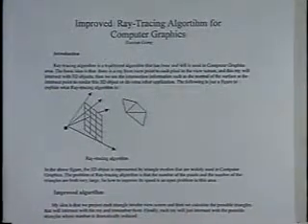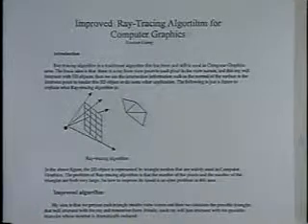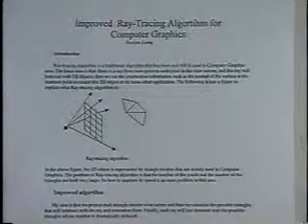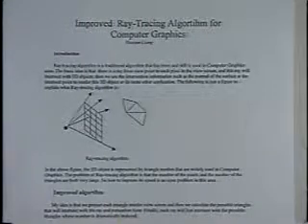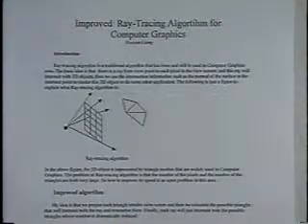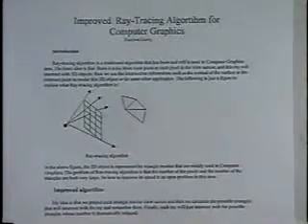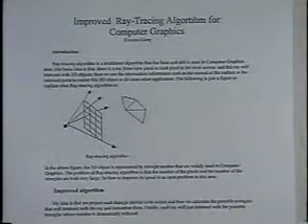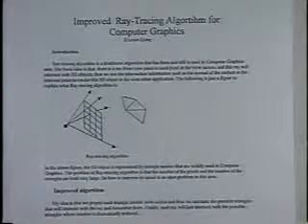Second, the improved algorithm. My idea is that we project each triangle into the view screen, and for every box in the view screen, we remember the possible triangles, and during the intersection process, we just intersect with the possible triangles.